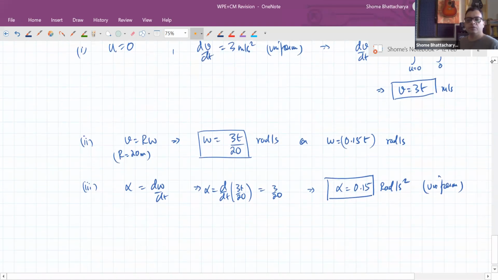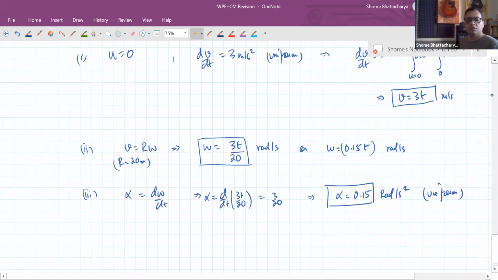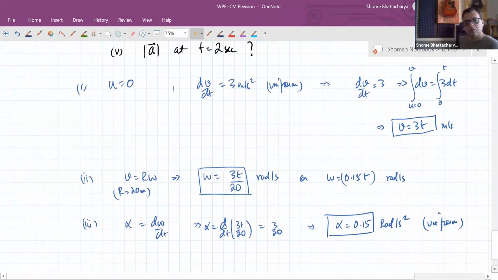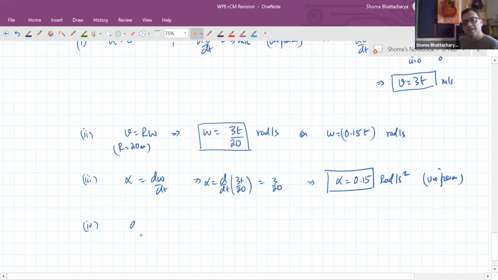Now next we want to find out the centripetal and tangential acceleration. So centripetal acceleration's magnitude is omega square r, or v square by r, however you want to write it. So that is 3t by 20 whole square into 20.